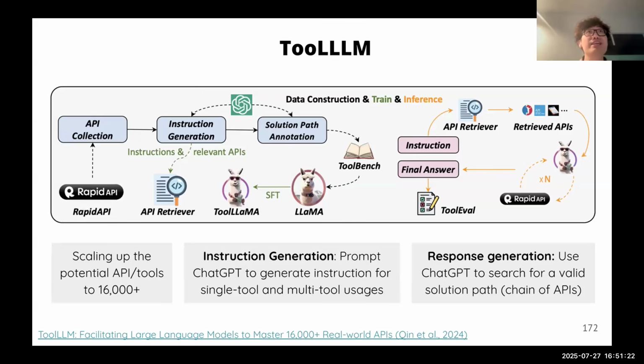If there are different kinds of API calls or API usage for a single instruction, the path or solution searching is a little bit complex. So the authors proposed a more advanced search strategy in such cases to enable more accurate solution generation.